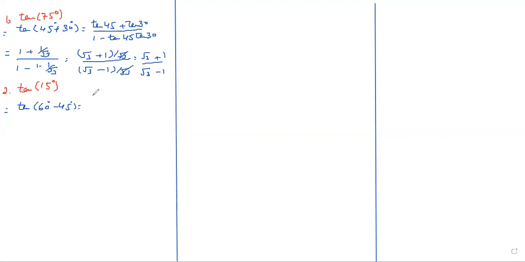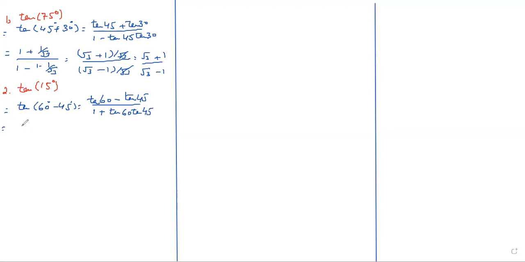Using the same formula, tangent 60 minus tangent 45 divided by 1 plus tangent 60 tangent 45.